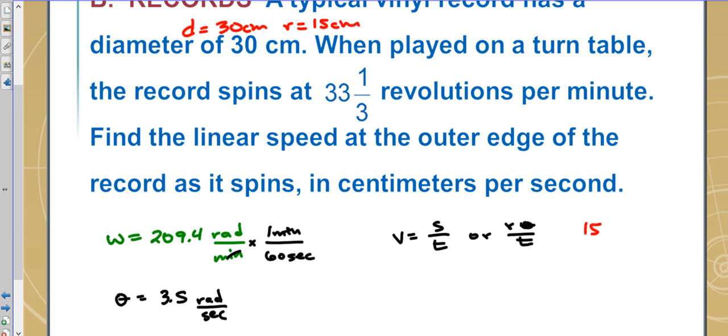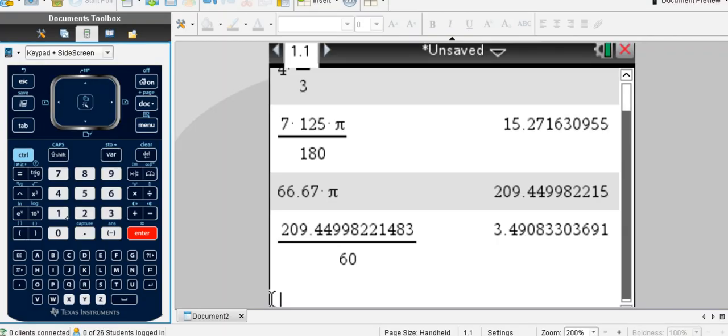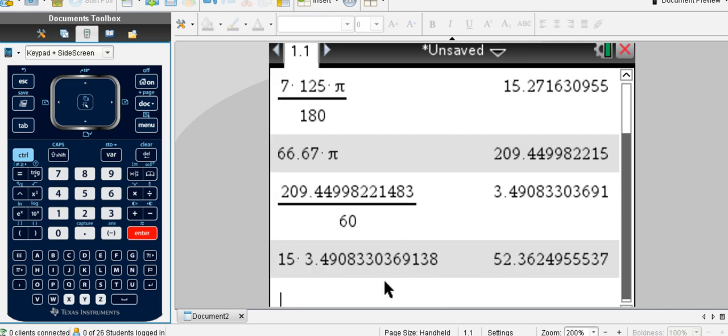So I would take 15 and multiply it times 3.5 radians per second, divided by 1 second. Let's see what we get. I'll multiply 15 times the unrounded value, just so we don't have a rounding error. It would be about 52.36.